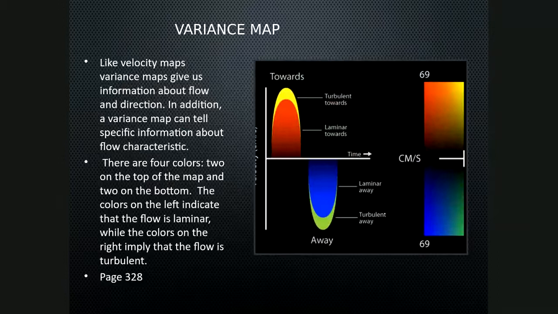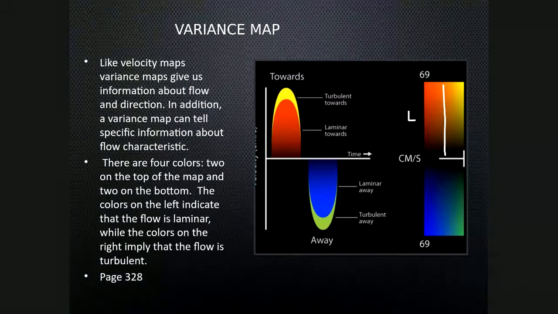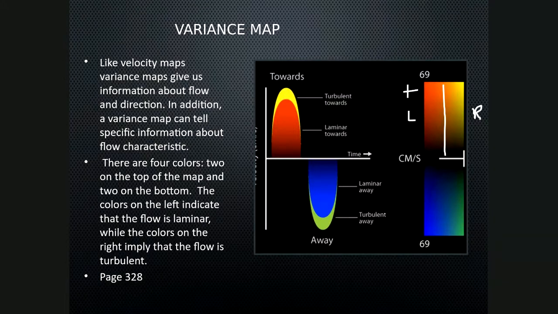Now, a variance map is similar to the velocity map, except it has four colors. What it does is it divides the color map like this. So we have a left side and a right side. This is still positive if it's on the top, and this is still negative.